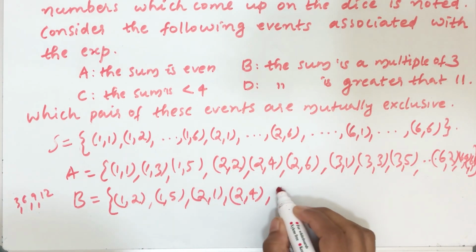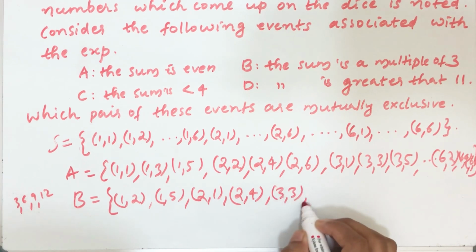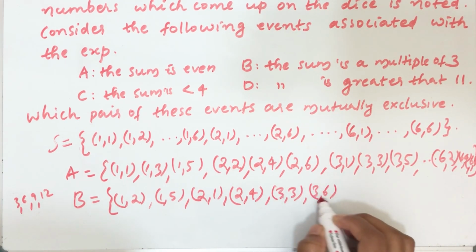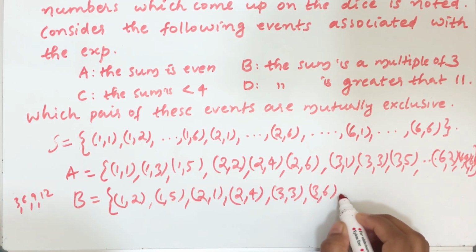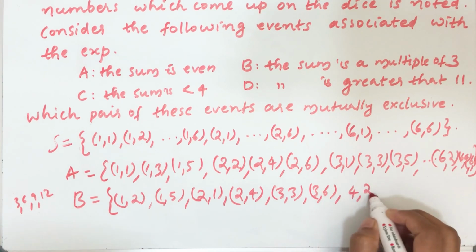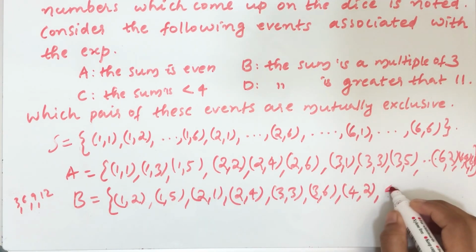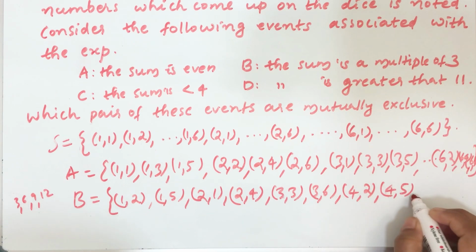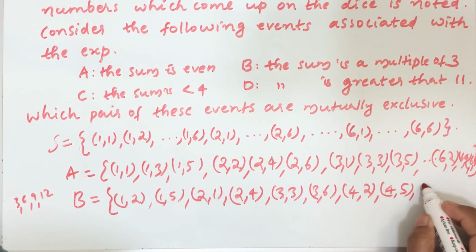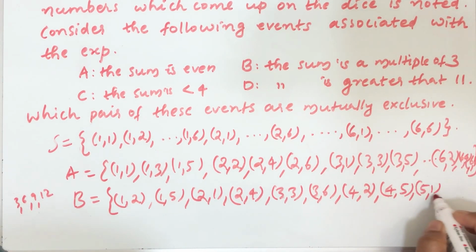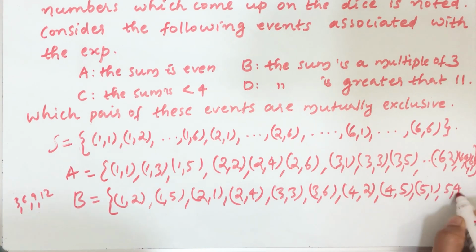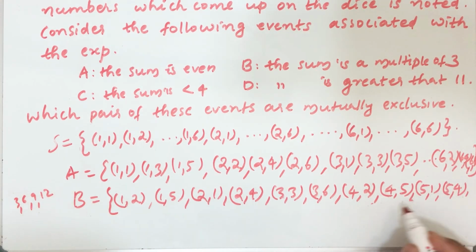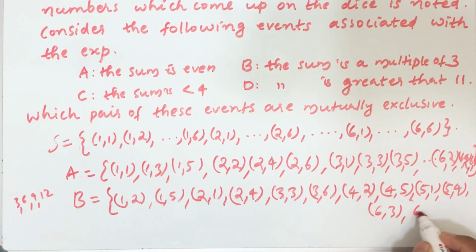Next, in the third row, (3,3) is 6 and (3,6) is 9. In the fourth row, (4,2) is 6 and (4,5) is 9. In the next row, (5,1) is 6 and (5,4) is 9. In the sixth row, (6,3) is 9 and (6,6) is 12.